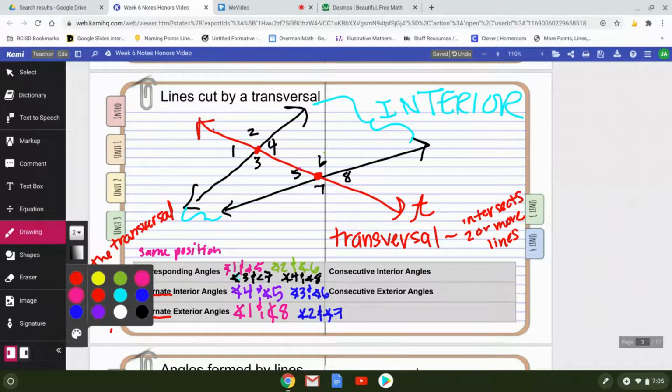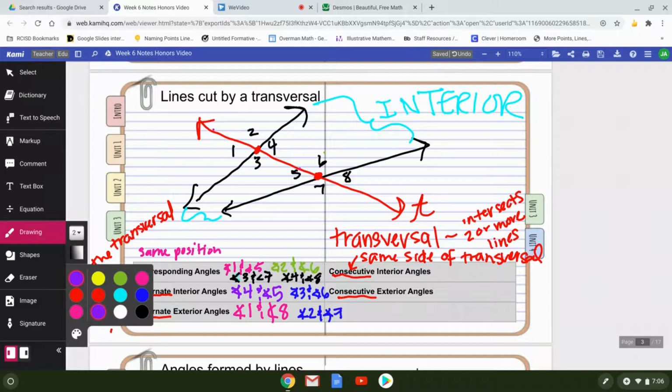Now, consecutive interior. Consecutive means in a row. And what that's going to mean, since it's consecutive, we're going to say same side of the transversal. So consecutive interior.